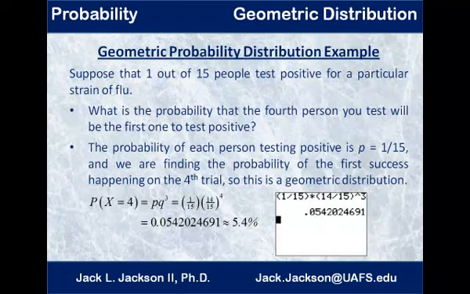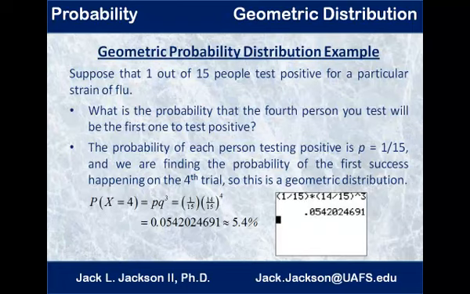So we're looking at the probability that x equals 4. It's p times q to the third power. It's 4 minus 1 that is the power on the q. And of course that would be 1/15 for p and 14/15 for q, because q is just 1 minus p. And so we get 1/15 times 14/15 to the third. So that's actually 15 to the fourth in the denominator and 14 to the third in the numerator.